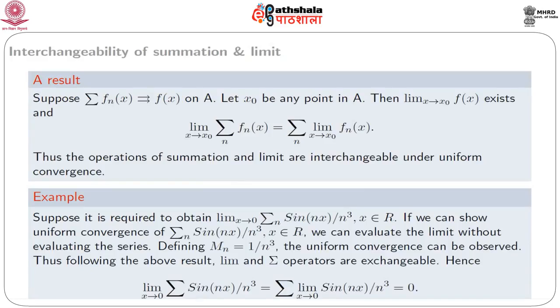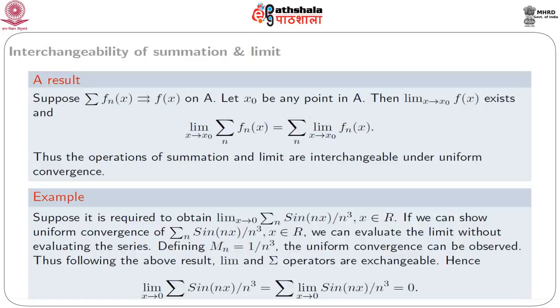In our next result, we shall discuss interchangeability of differentiation and limit. Consider a series of functions f n x for x belonging to the closed interval a b such that the series with nth term f n x naught converges to f x naught for some x naught belonging to A, that is, here A is nothing but the closed interval a b.